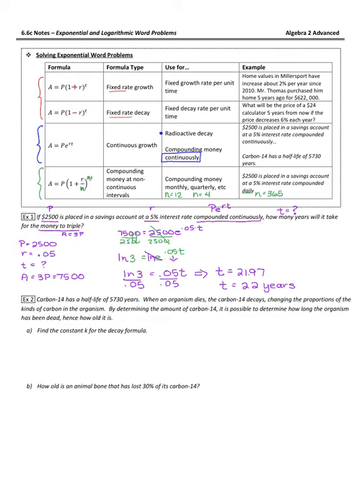Now let's look at this concept of radioactive decay. We have here carbon-14, a very common element, has a half-life of 5,730 years. So if you had 24 grams of carbon-14, you would only have 12 grams 5,730 years later.